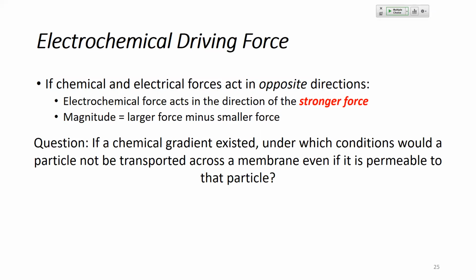Now I want you to look at this question and think about it for a little bit, and then we'll talk about it. So if a chemical gradient existed, under which conditions would a particle not be transported across a membrane, even if it is permeable to that particle?